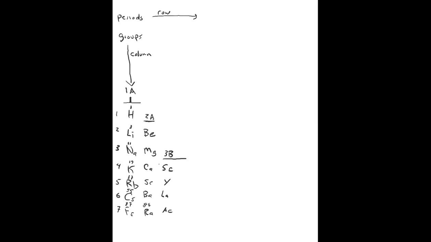So all of these elements here, the next one's titanium, these ones are going to have B's. And it's going to go all the way to the end when you get to 2B. See, it goes backwards then, down to 1B and 2B, and you have zinc. So all these ones in the middle are B's, and that just has to do with their chemistry.